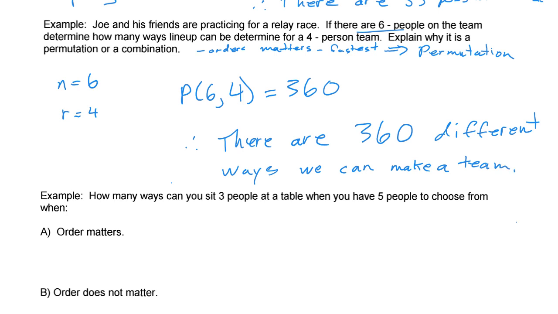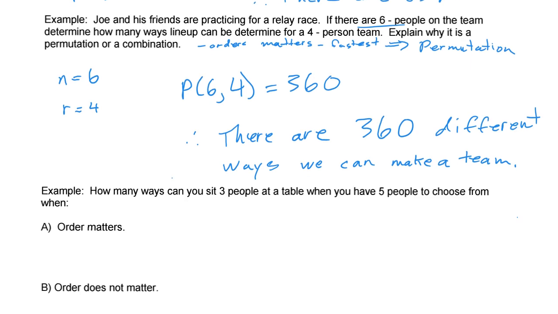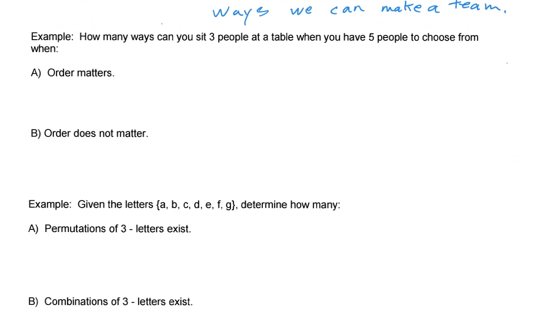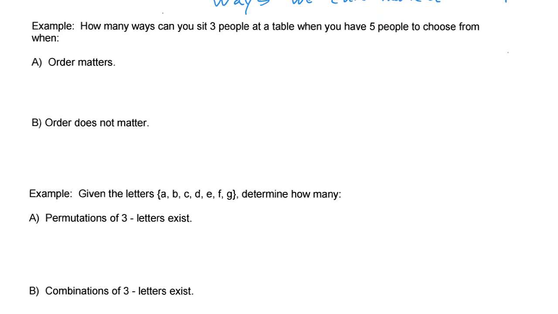All right, so now let's take a look at this next problem. How many ways can you sit 3 people at a table when you have 5 to choose from, when order matters?